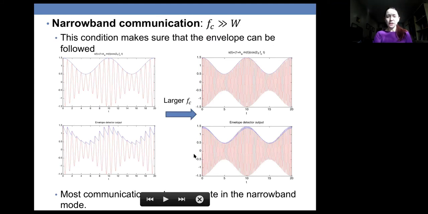Now, let's come back to the discussion of the frequencies, Fc versus W. W, if you remember, is the bandwidth of the input signal. Now we want Fc to be much larger than W so that the envelope can be followed.